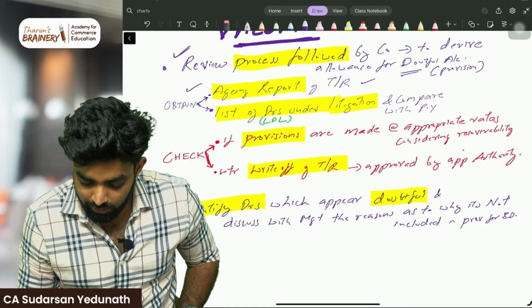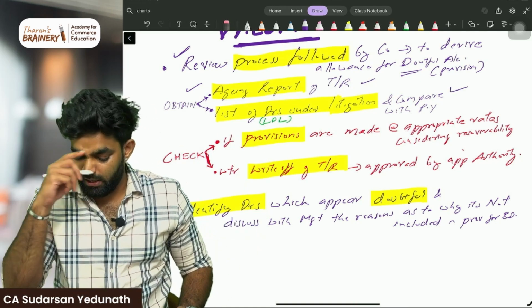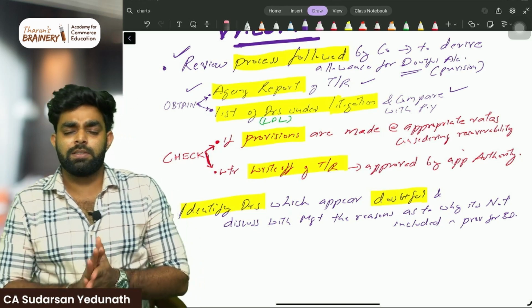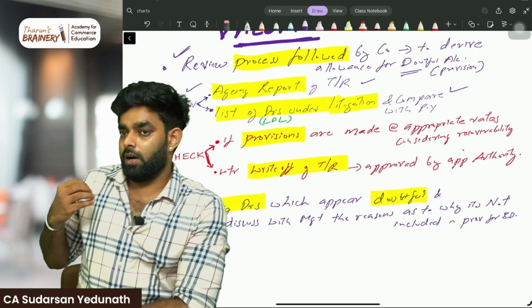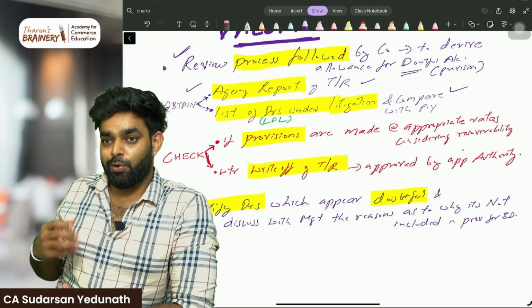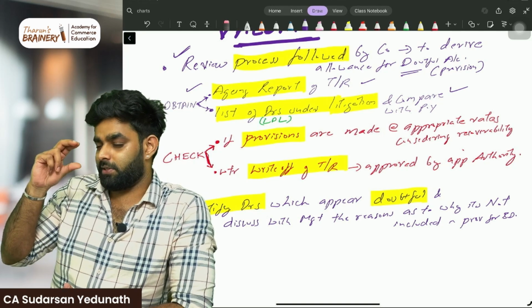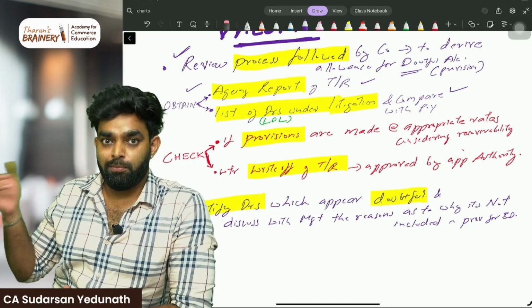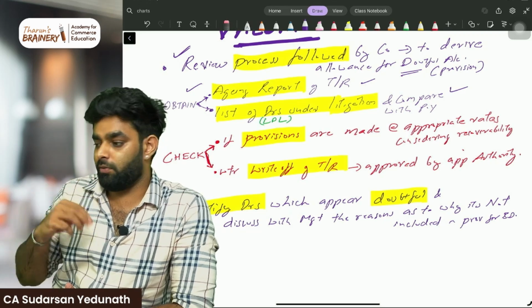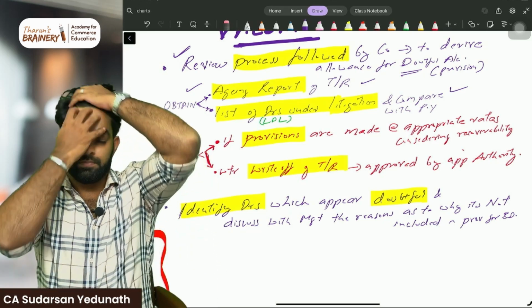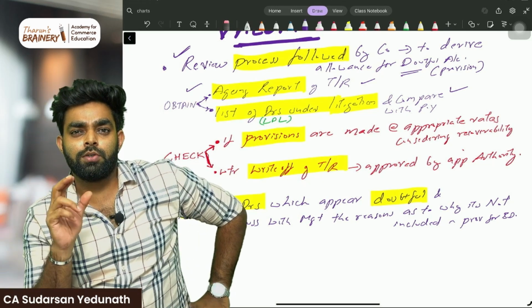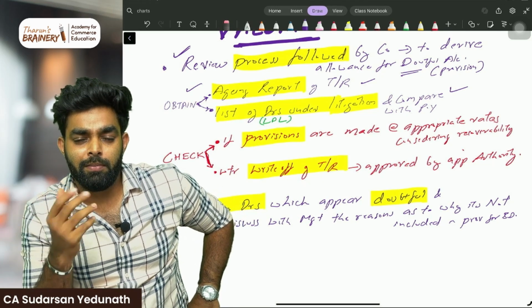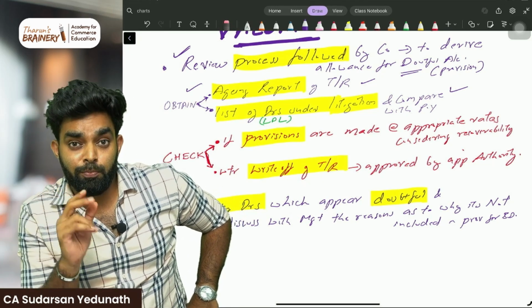Then obtain a list of debtors under litigation and compare with the previous year. Litigation means some debtors, we have done some sales. Imagine boAt sold 1,000 products, these earphones, to Flipkart. Sometimes boAt sold 1,000 units to Flipkart, and it was for 1,000 rupees per unit.